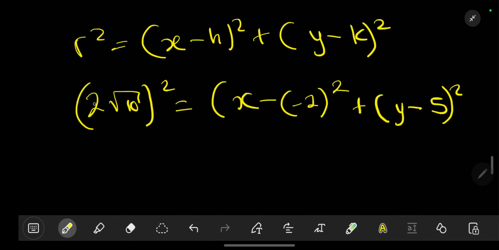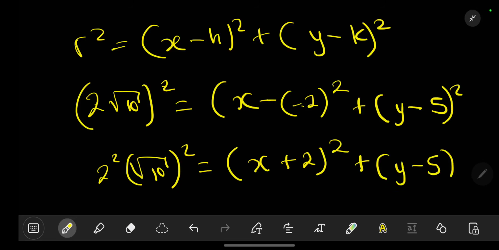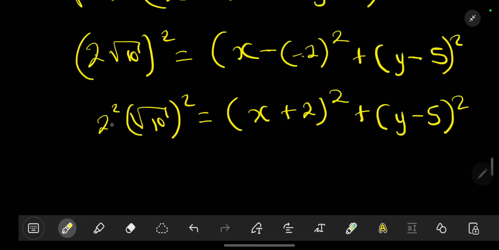We are going to have 2 squared. This 2 square can be distributed. We have the square root of 10, we also square this, should be equal to x, negative by negative, it will be positive 2, squared, plus y minus 5 squared, like that. So we have a 4. This and this cancel.